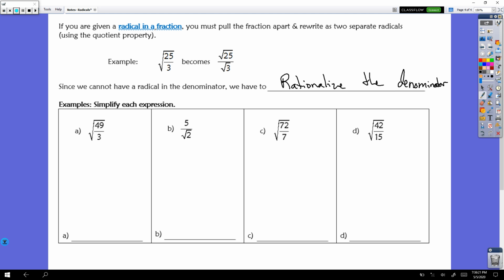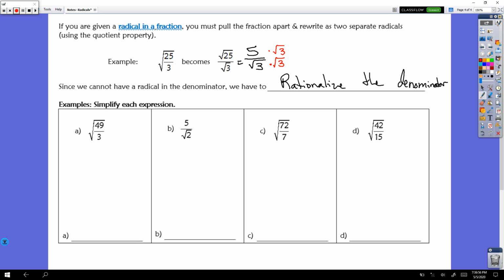So we have the square root of 25 over the square root of 3. Simplify anything that you can. I know that the square root of 25 is really 5, so I have 5 over the square root of 3. Now, to rationalize the denominator, I need to get that root out of the bottom. The way I can do that is by multiplying the top and bottom by whatever is in the denominator, so I'm going to multiply top and bottom by the square root of 3.